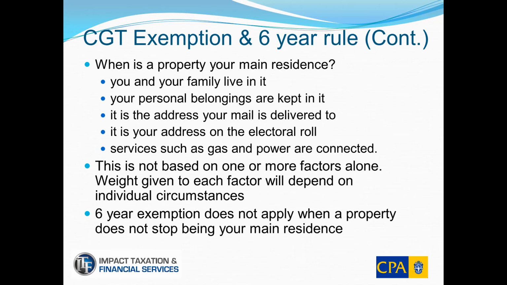So the whole family will go, and then for that 3 months, they might get someone to live in the property, and then the tenant is actually paying them rental income during that 3 months. Then can they say that I stopped living in the property for 3 months, and therefore, because it's less than 6 years, I can claim an exemption?